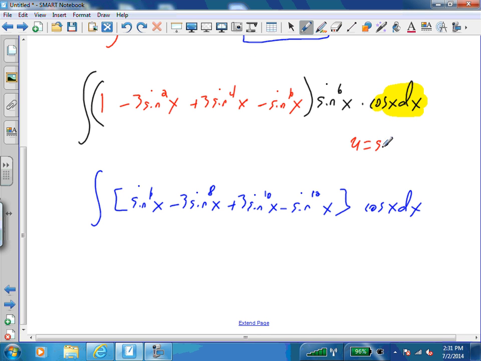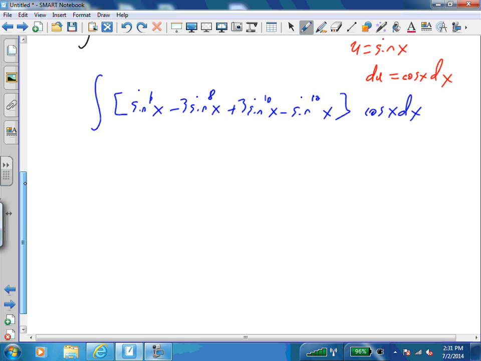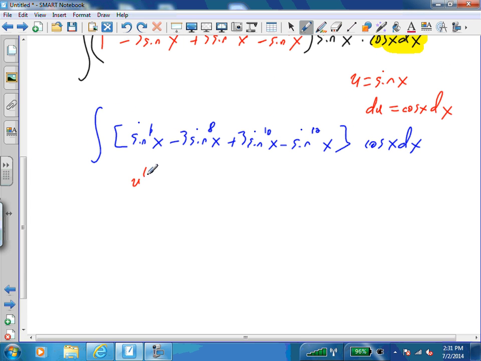So our u is still sine, du is cosine x dx. So basically we have, if u is sine, u to the 6th minus 3u to the 8th plus 3u to the 10th minus u to the 12th du.